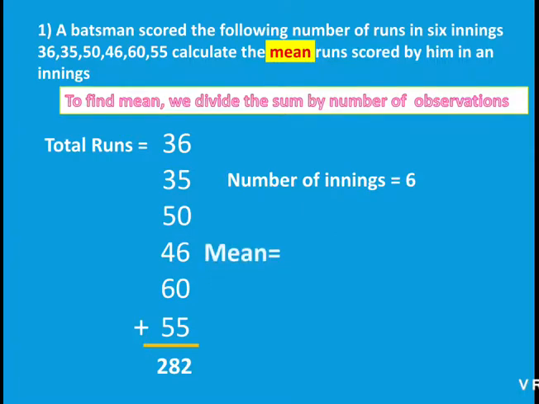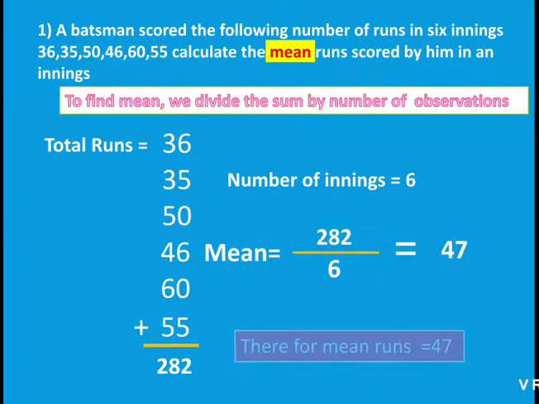So mean equal to, we find the sum and number of innings we know. So we divide the sum by number of innings. 282 by 6. When we divide this, we will get 47. So this is the method of finding arithmetic mean or average. First we find the sum of all observations, then divide the sum by number of observations.